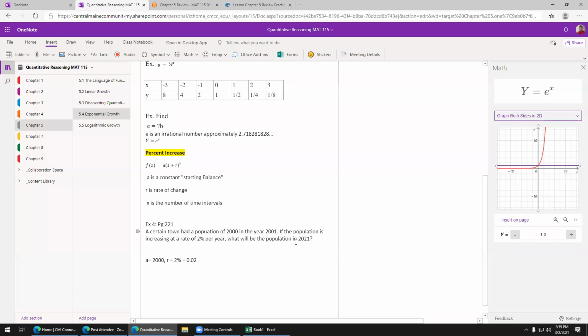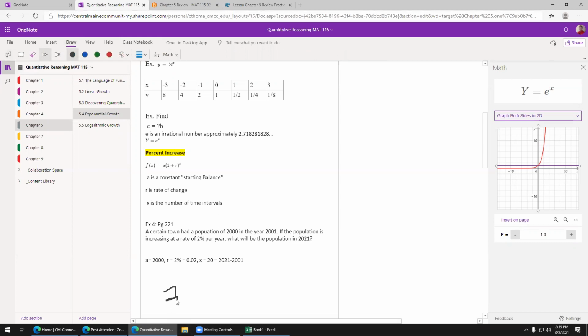Just like we did before, take 2021 minus 2001 gives me 20. So let me write it here. We know we want our x to equal 20, and we found that by doing 2021 minus 2001.